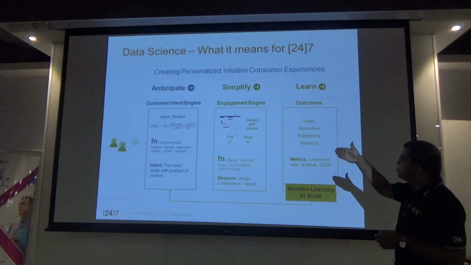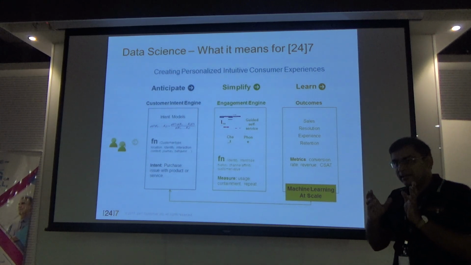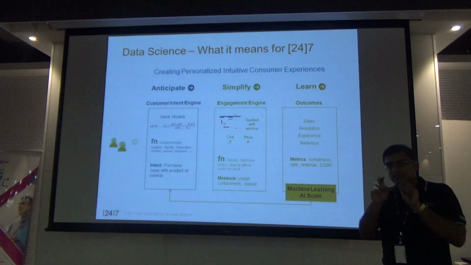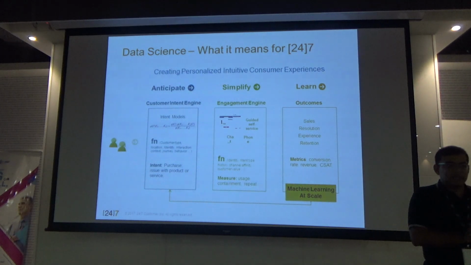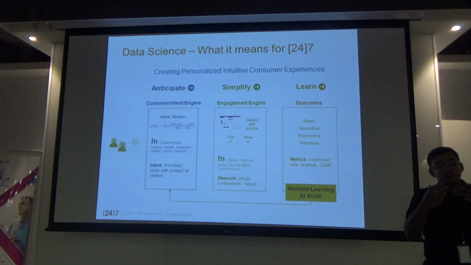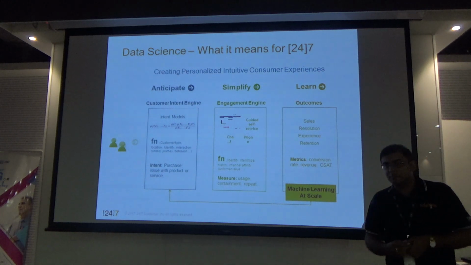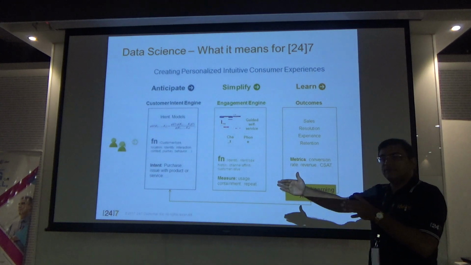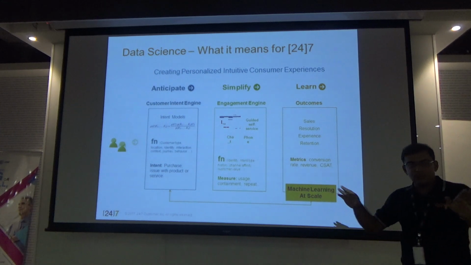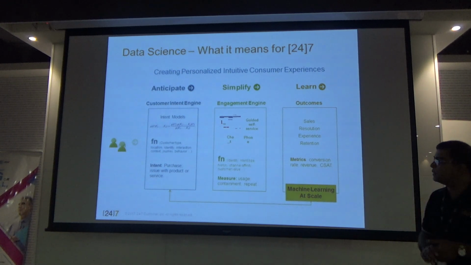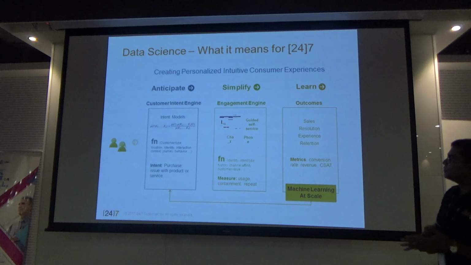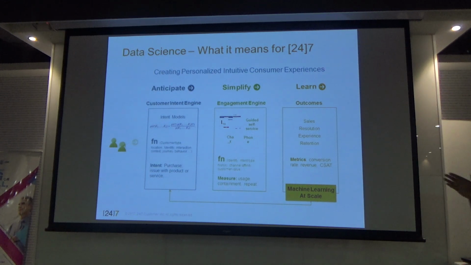You can think of each pillar as an engine that performs specific tasks to achieve the end result of supporting our customers. The first one is anticipate. We have intent models to determine the intent of the customer who is contacting the data centers.